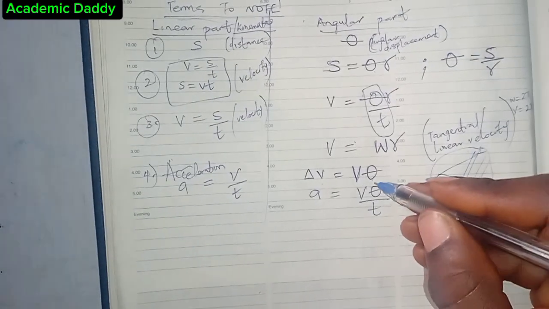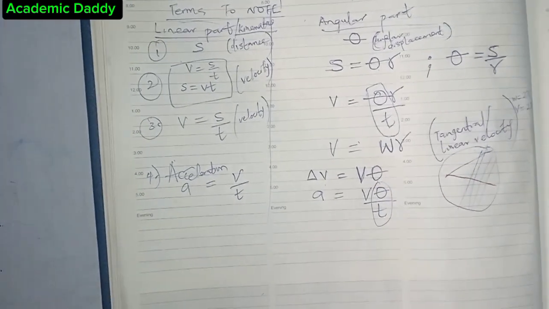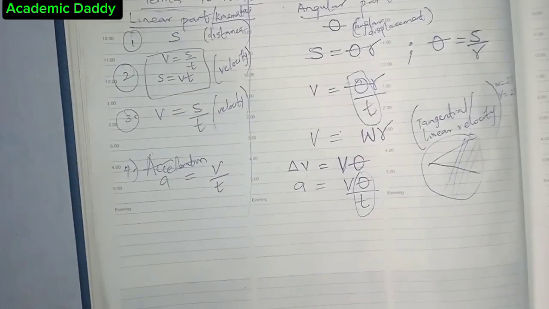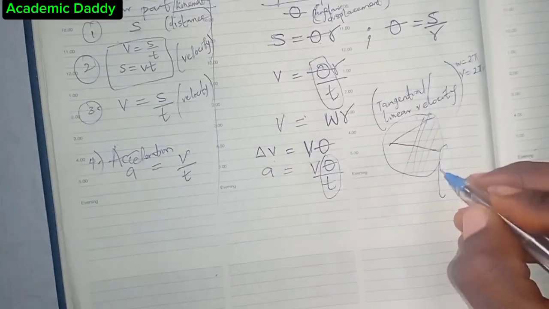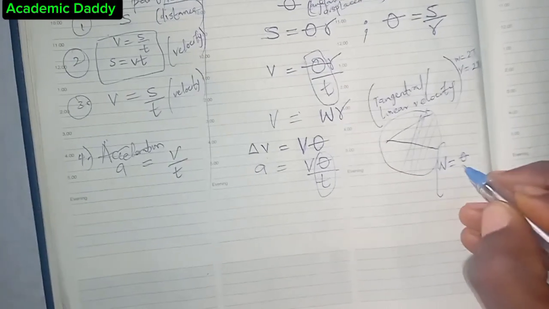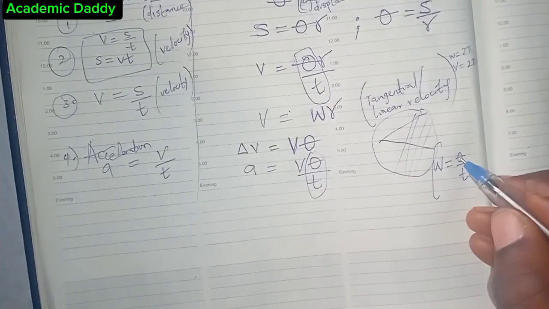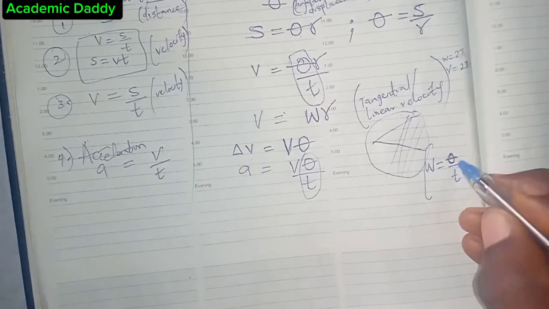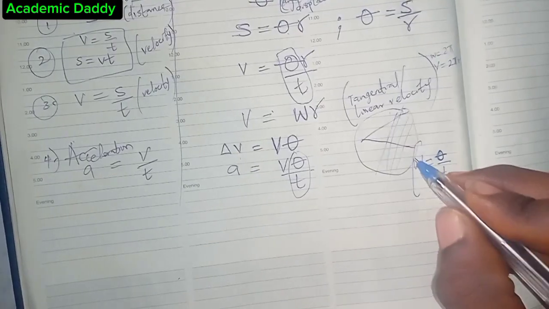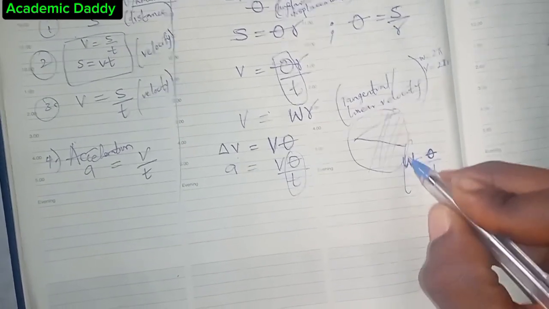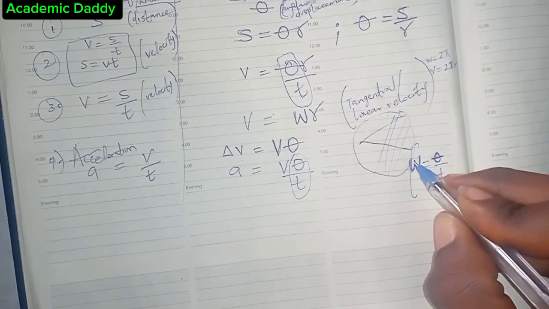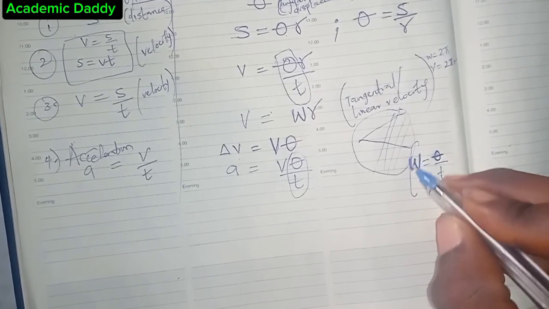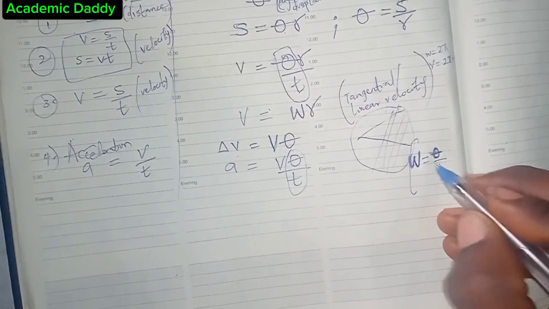Now notice that what you have here looks like your w, because w is equal to theta over t. In circular motion, w is angular displacement over time, the angular velocity or angular speed.